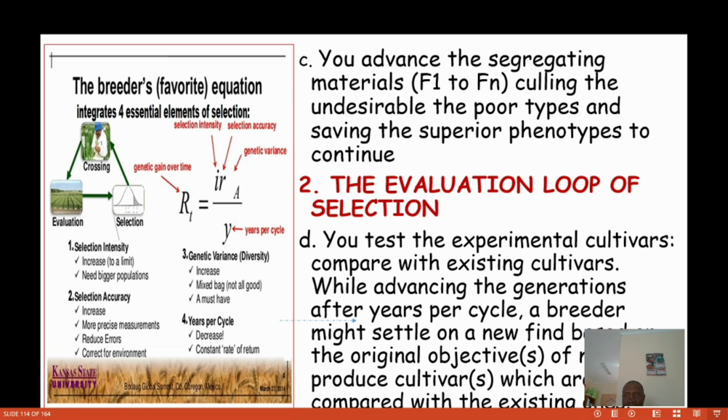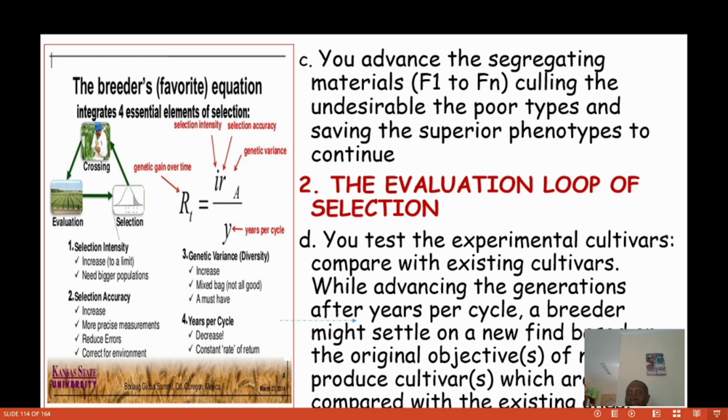And this is easy because when you have the plants growing up into F1 plants, they will flower as F1 flowers. And when they flower as F1 flowers, they'll produce F1 pollen.